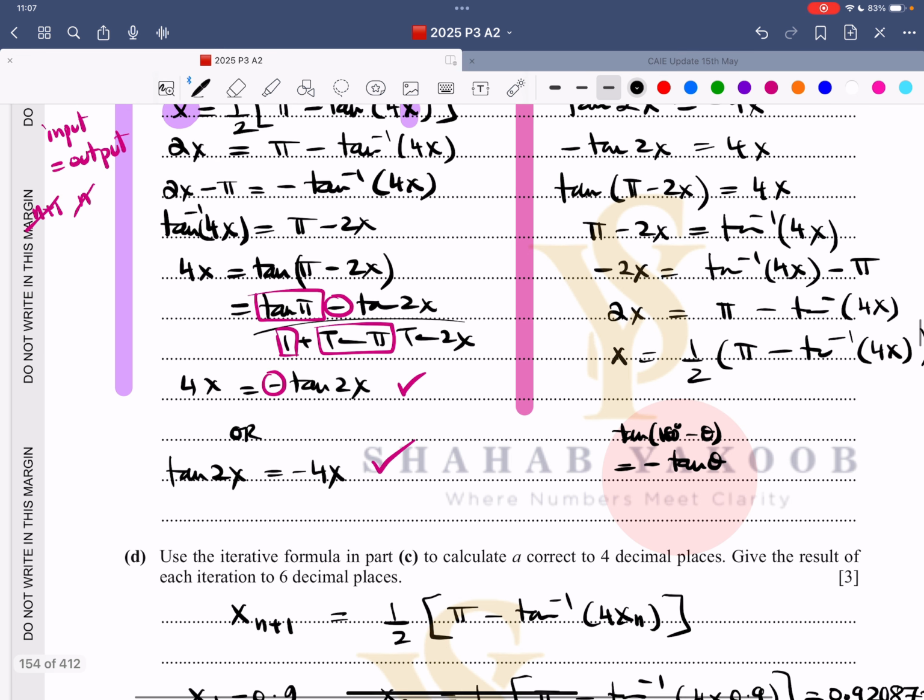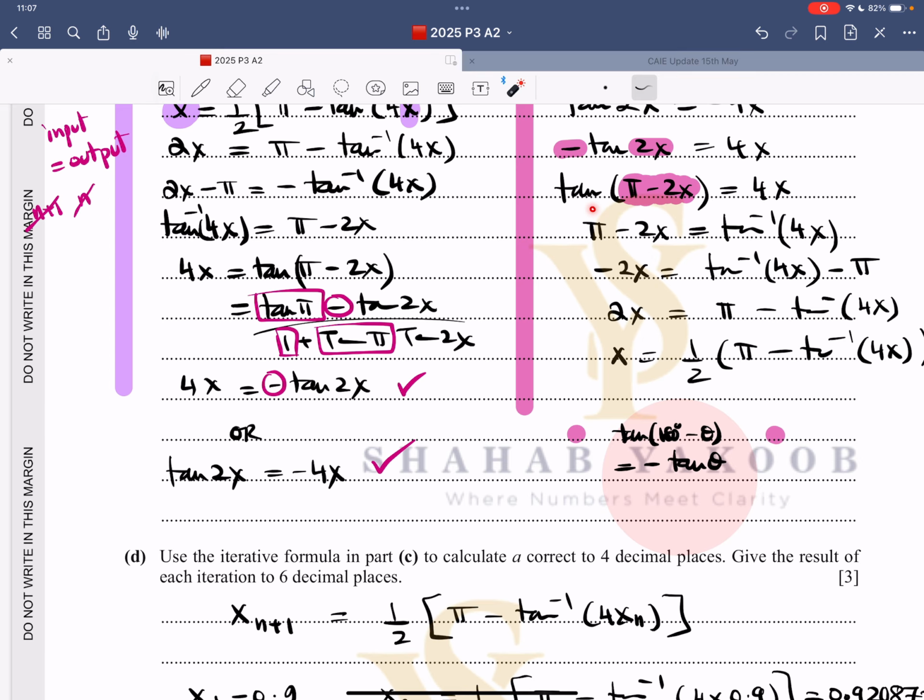So negative tangent 2x is tangent of pi minus 2x, that is how I got this thing. I involved the pi over here, otherwise it's difficult to think.